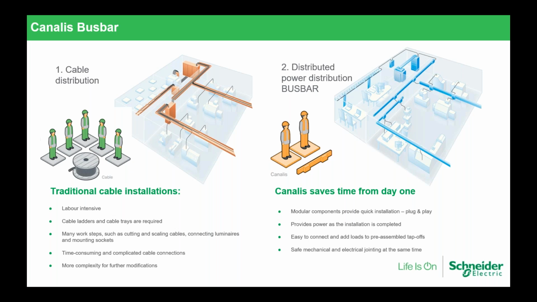With our Canalis software from Schneider Electric, it's plug and play. You have the length, you have the tap-offs, everything is connected to each other. It's error proof, so you cannot connect things wrong, because you have either some good indication, or it's simply not possible to connect it the wrong way.